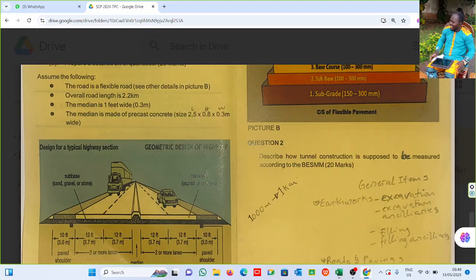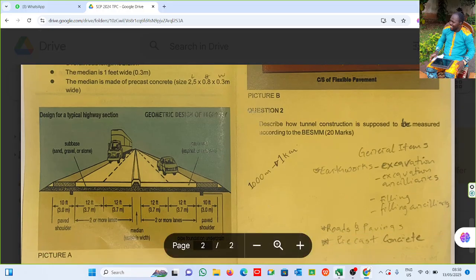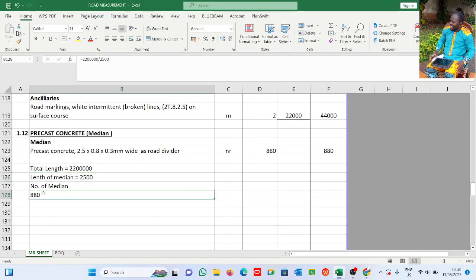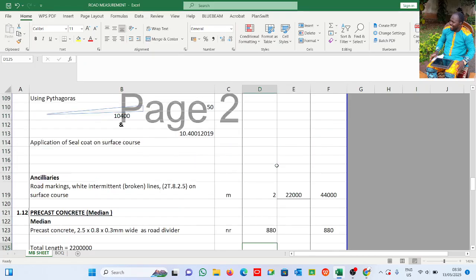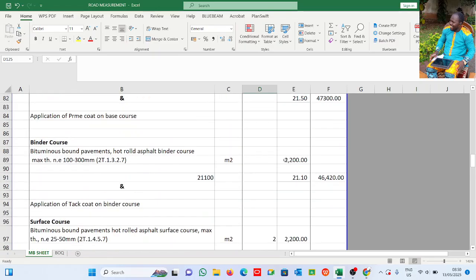So how many am I going to have? 2,200 divided by 2.5 will tell me how many we are going to have. So that's what I did here, divided by 2500. I brought everything to millimeter. That gives me 880. So the total number is 880.